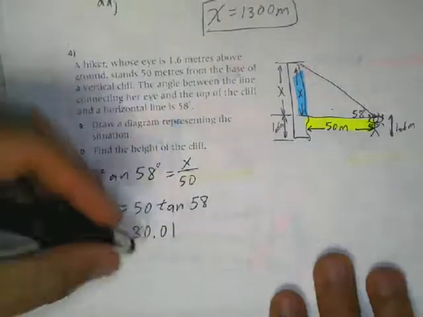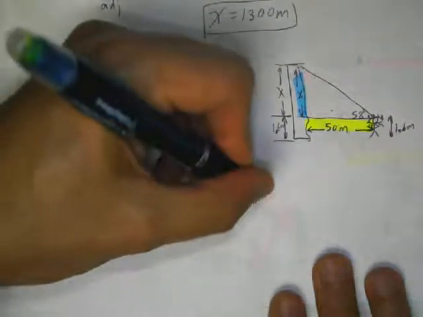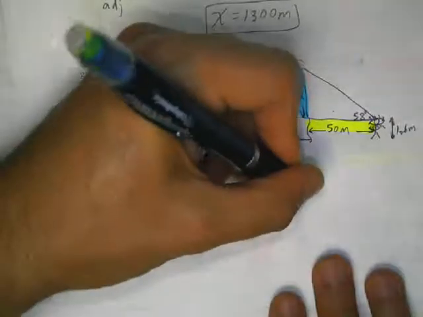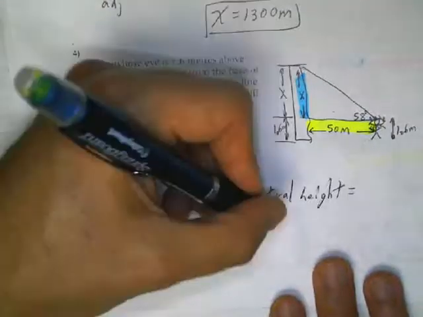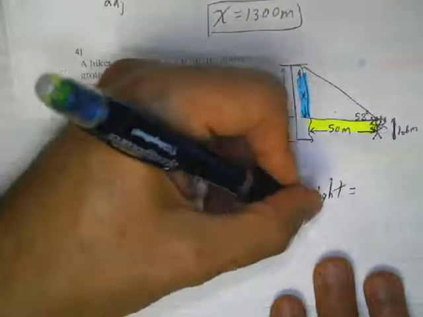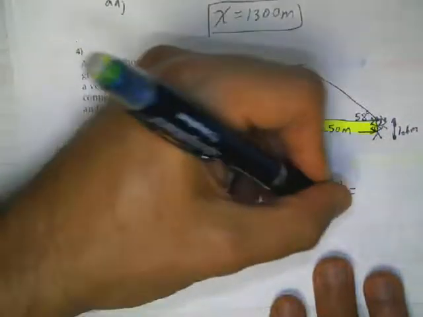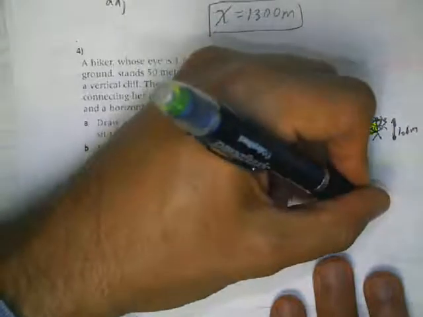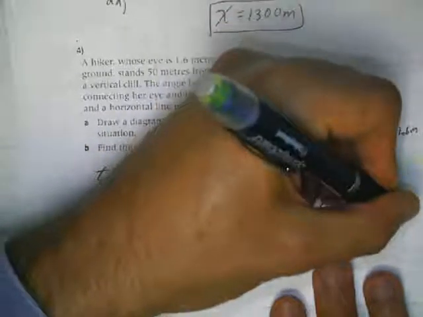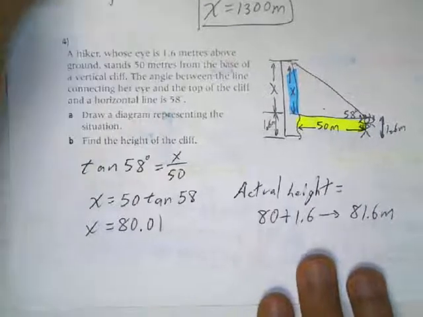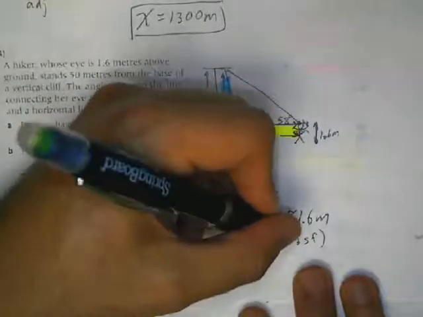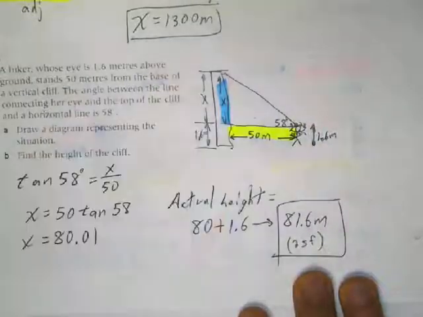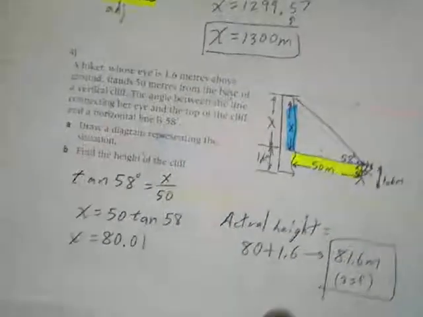So the actual height equals 80 plus 1.6, and that's going to give me 81.6 meters. And that's to 3 significant figures. There you go. Hit pause and replay if you need help checking other answers.